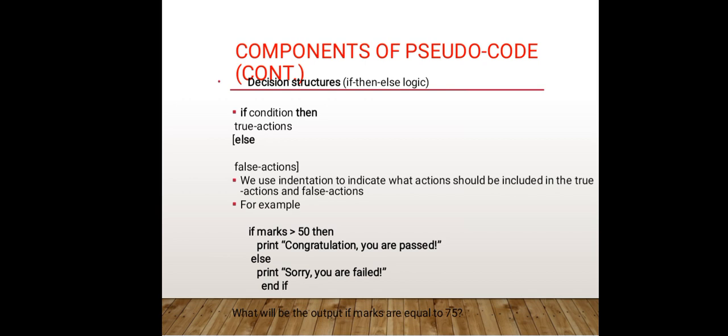For example, if the marks are greater than 50, then print congratulations. Print congratulations if the marks are greater than 50%, meaning that you've passed. Else, if the marks are less than 50, then print sorry you failed, then end if.